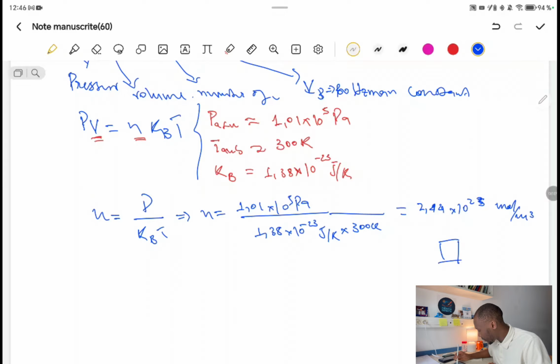That's what it means. We have 1 meter cubic of volume. Inside it, we'll have actually this number of moles. That's what that number means for us.